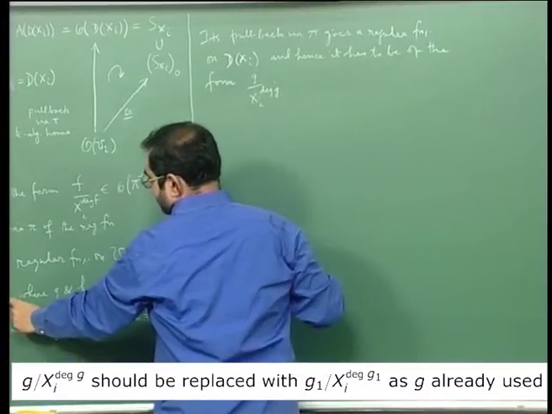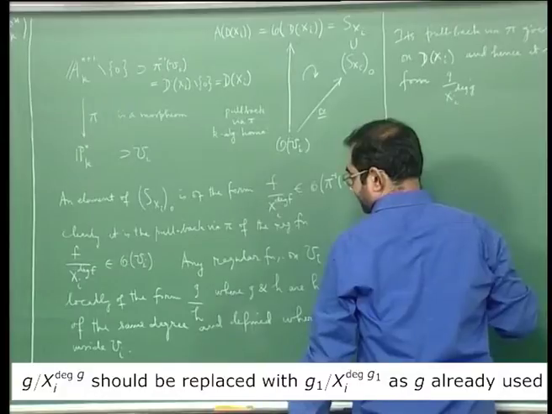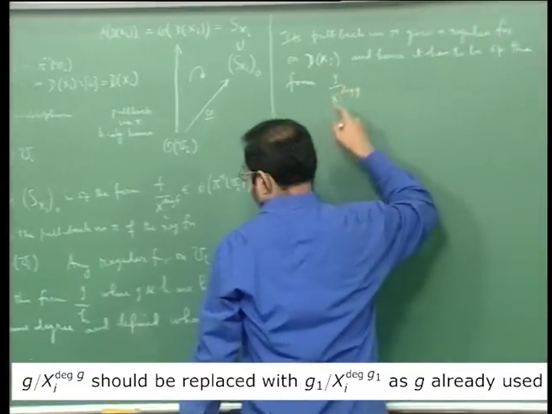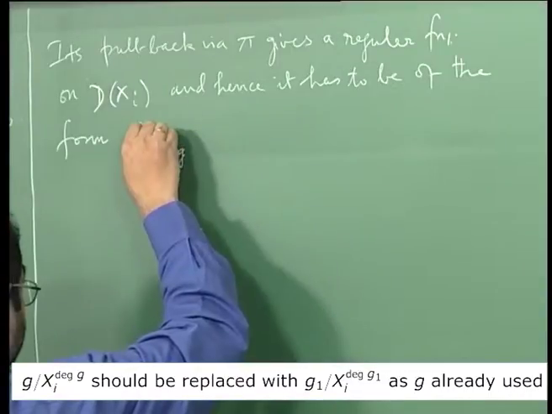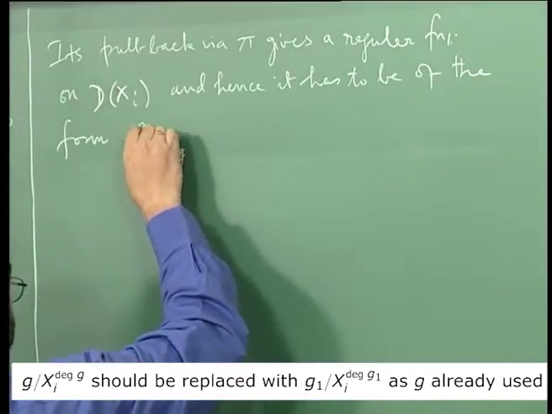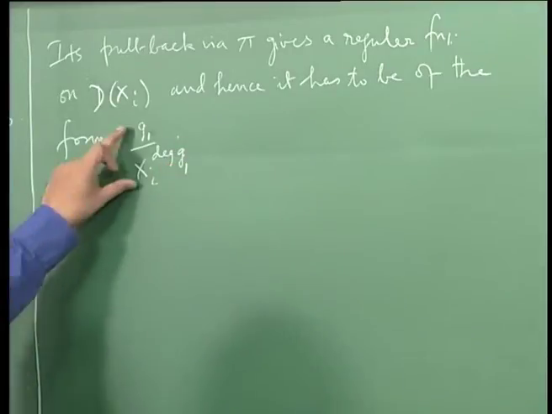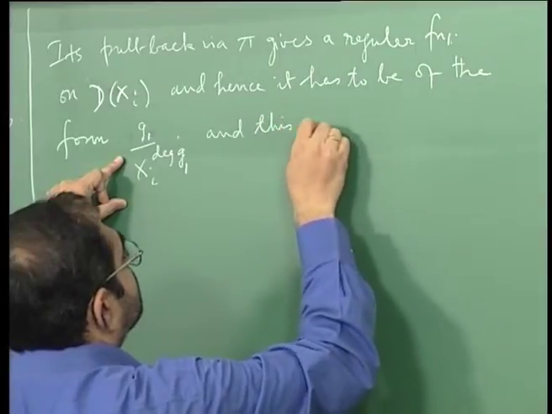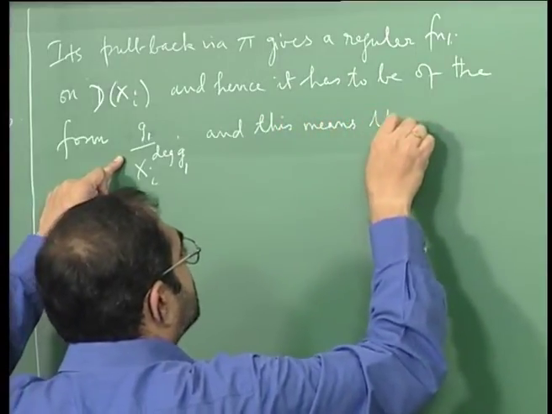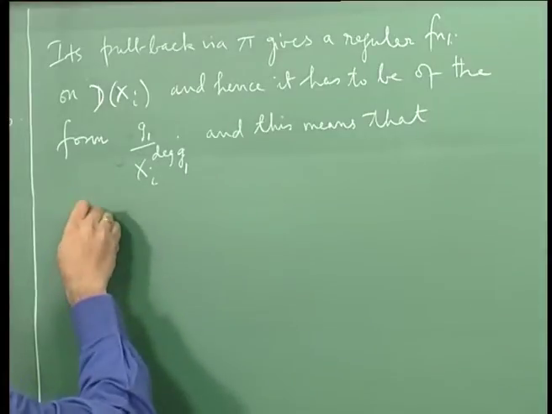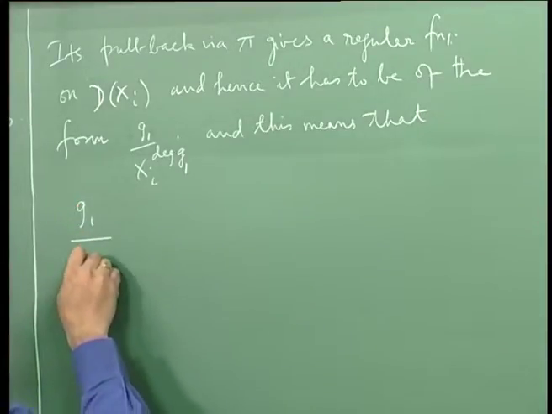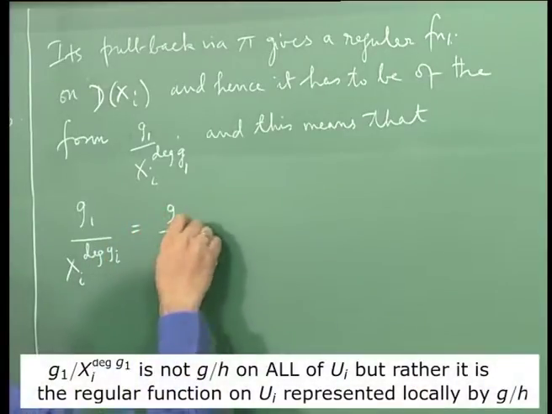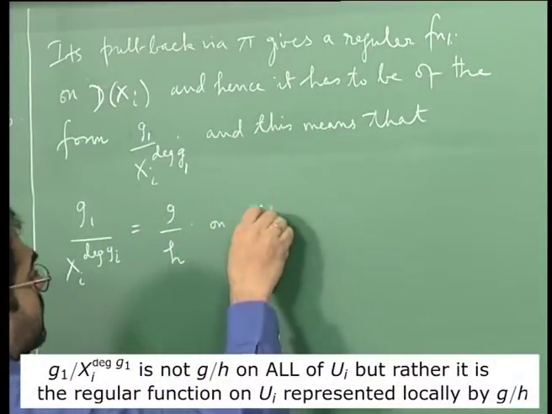It may happen that there are some common factors, so if you want I can put G1 here, G1 by xi to the power of degree G1, and this means that G1 by xi to the power of degree G1 is the same as G by h on all of ui.